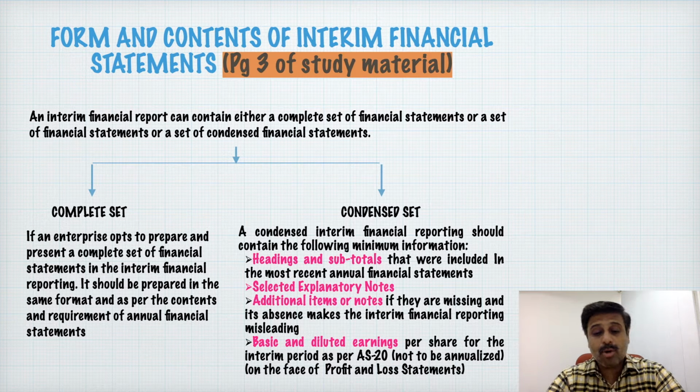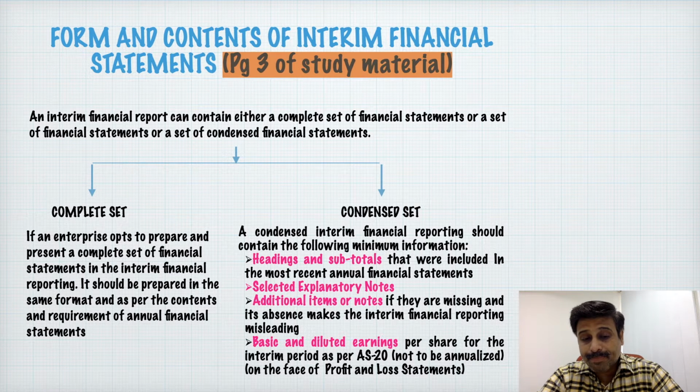Subtotals means within shareholders funds, share capital and reserves and surplus was there. Within non-current liabilities, suppose we had only long-term borrowings, so you can include only long-term borrowings, no need to include other non-current liabilities and long-term provisions. So headings and subtotals that were included in the most recent annual financial statements have to be included.